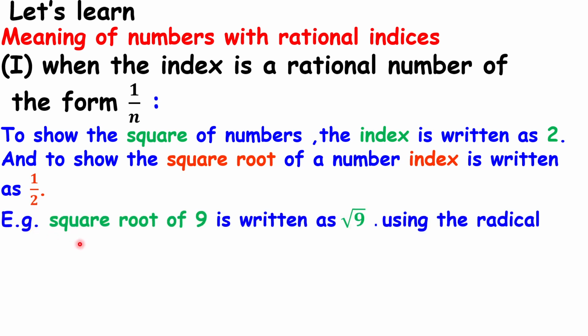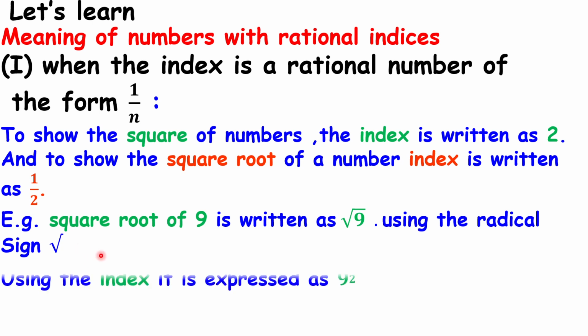For example, square root of 9 is written as a radical sign of square root is, and in that base is 9. Using the radical sign, using the index, it is expressed as 9 raised to 1 upon 2.